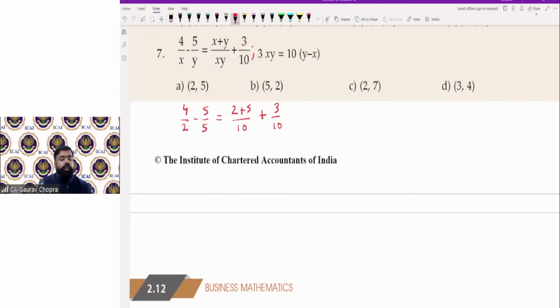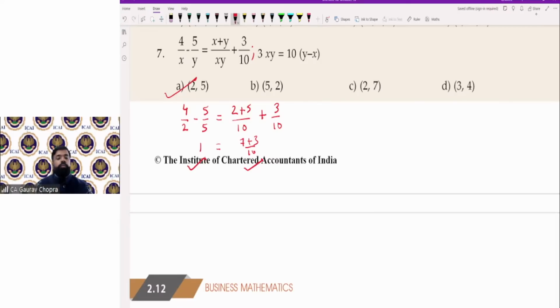So what we are getting here is 1, and here it is 7 plus 3 upon 10, so both are 1. That means the condition is verified by using option number A. So 2 and 5 is the correct answer. The value of x is 2 and the value of y is 5.